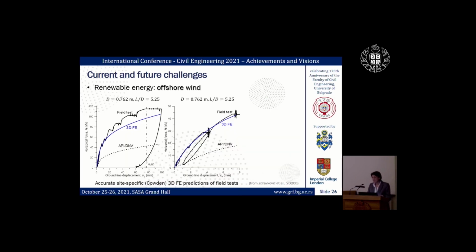And this was the case, showing again for a Cowden site, the load displacement curves from the field tests, from existing design methods, and from the 3D FE analysis performed during the PISA project, both at sort of ultimate load conditions as well as working load conditions.